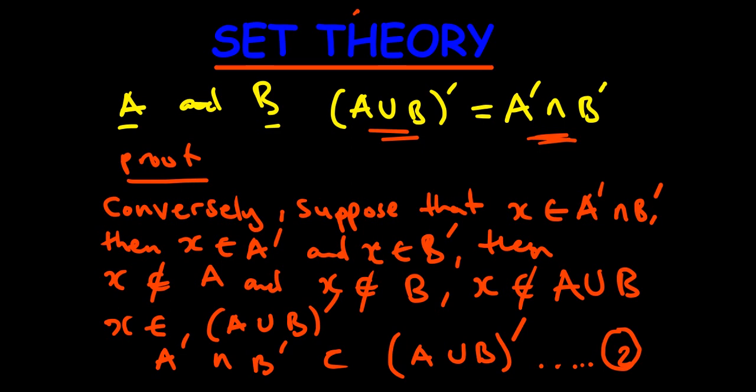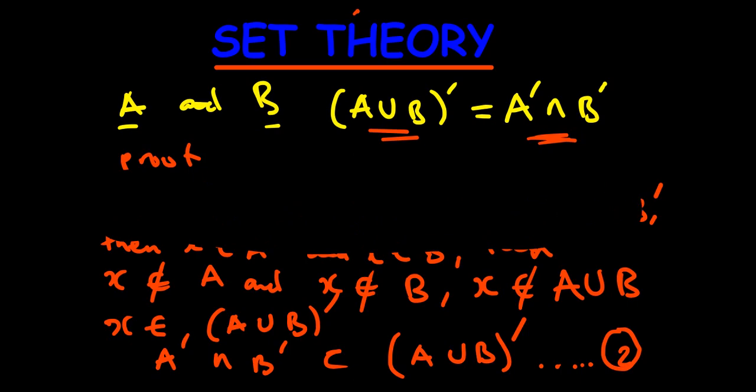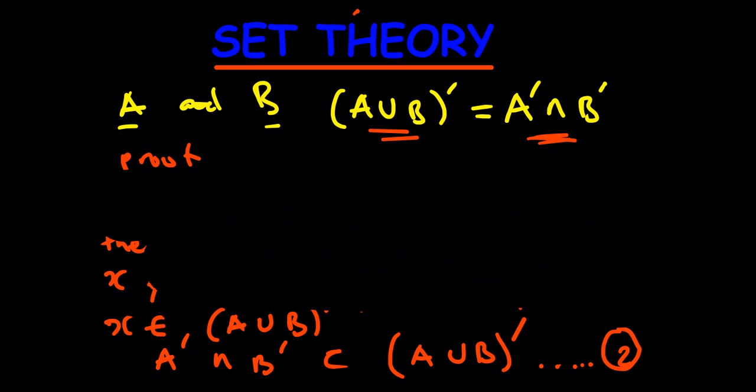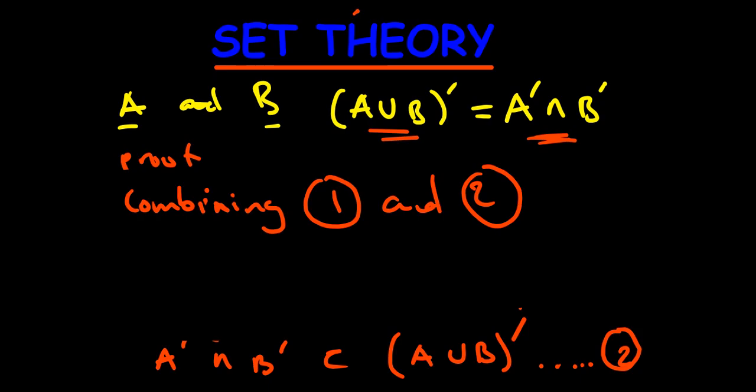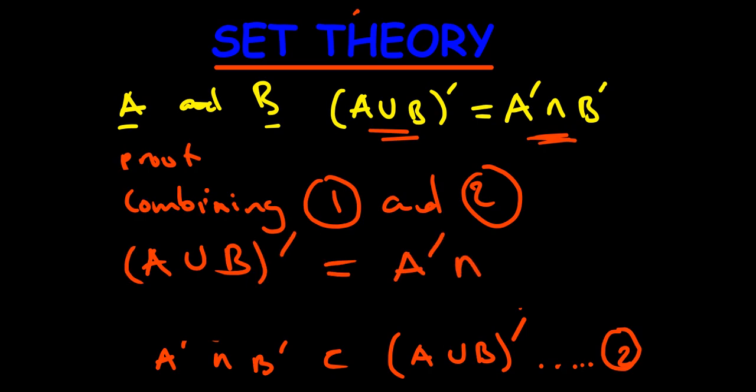So your conclusion is going to be, you just say, since we were naming them, combining 1 and 2, we have that A union B complement is equal to A complement intersect B complement.